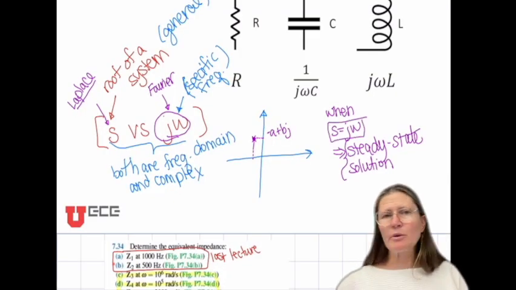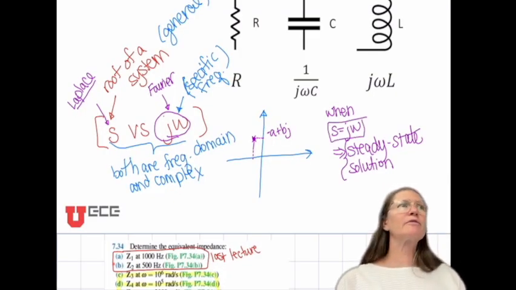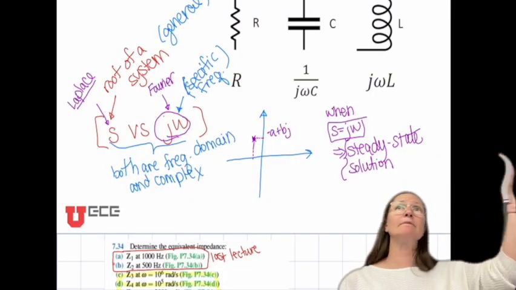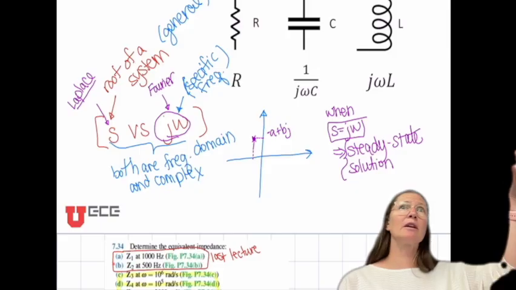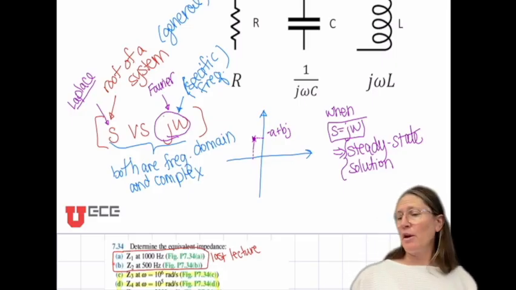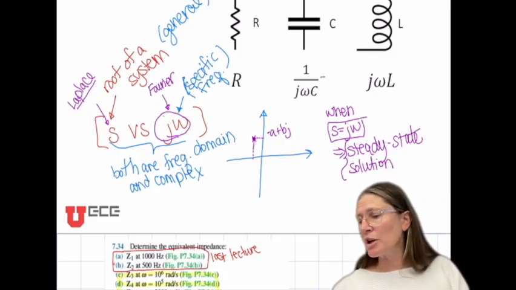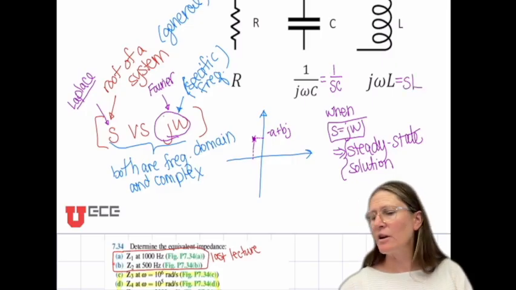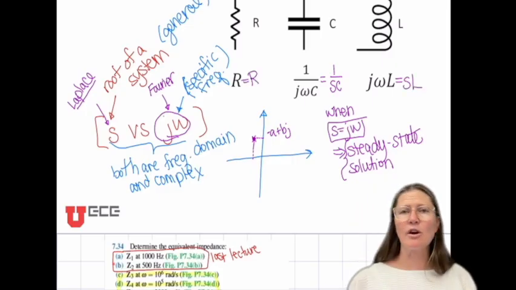So S equal to j omega is converting from Laplace to Fourier, and you can do that as long as you're just looking at the steady state condition, which is most of the time what we want to know, that steady state response. With that, we can describe this as 1 over CS, and this as just SL, and R is just an R.